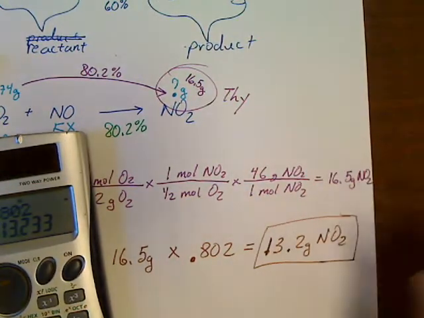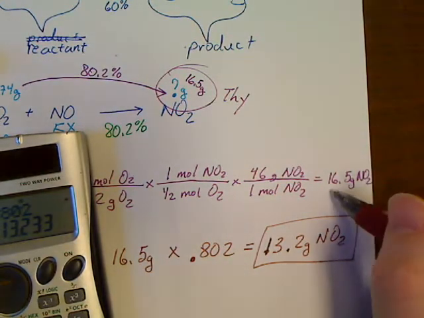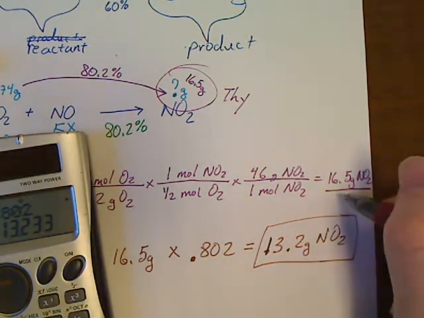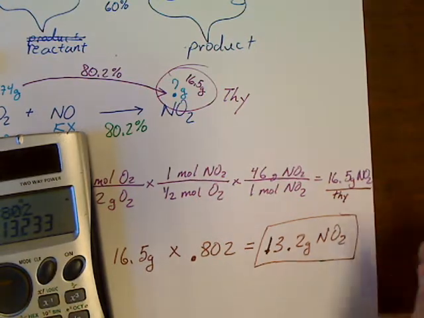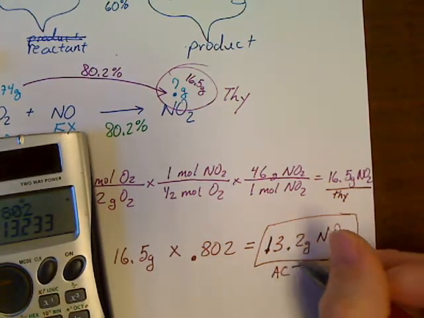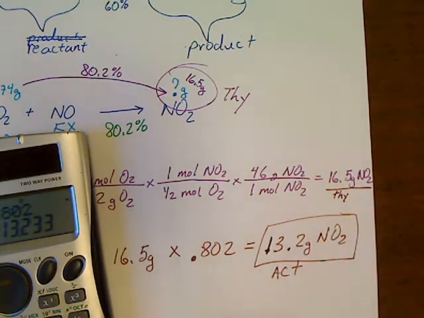Put my box around that. So this first number I got, this was my theoretical yield. This is my actual yield down here.